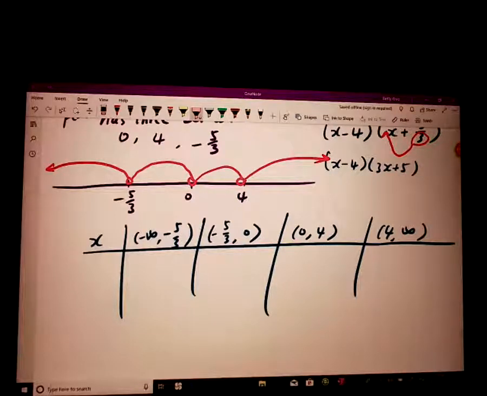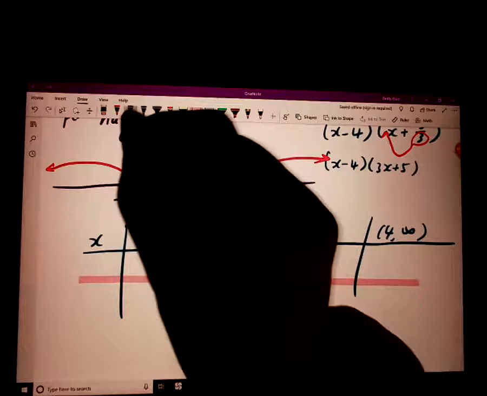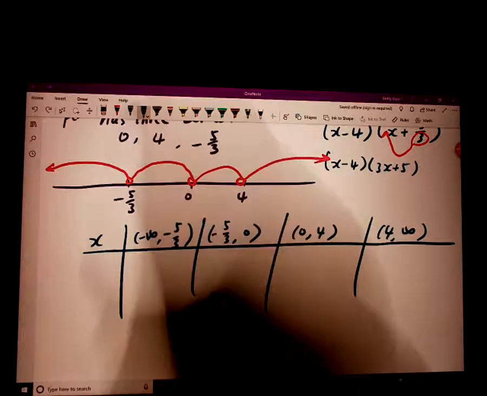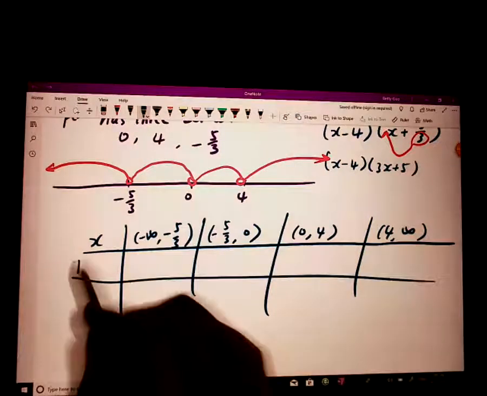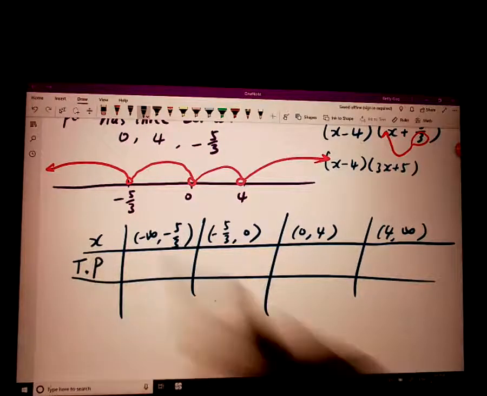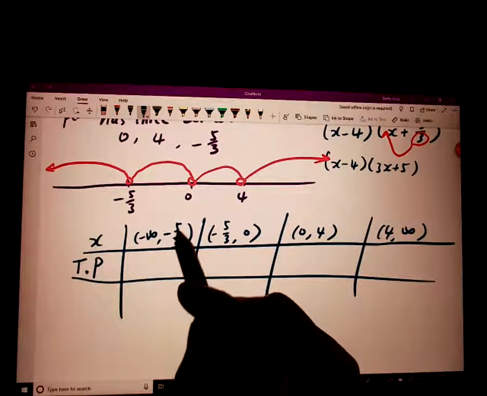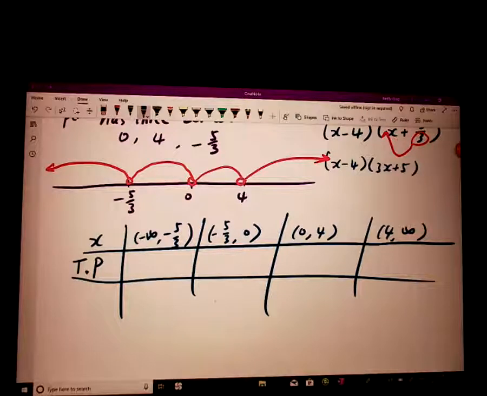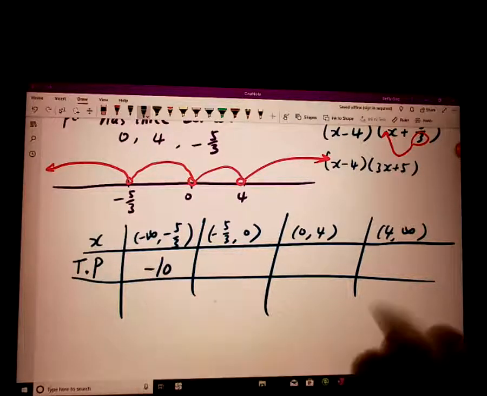Let me double check. In the first row, we have 4 open intervals: negative infinity to negative 5 over 3, negative 5 over 3 to 0, 0 to 4, 4 to positive infinity. Very good. Row 2, we pick testing points, any convenient number. 5 over 3 is about negative 1 point something, so I can choose negative 10.